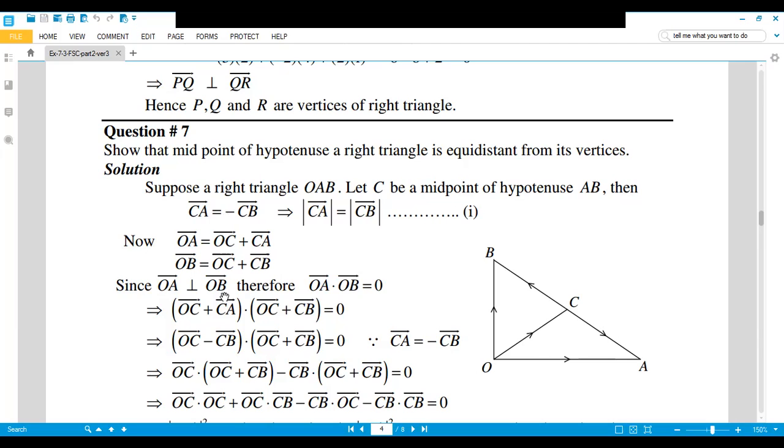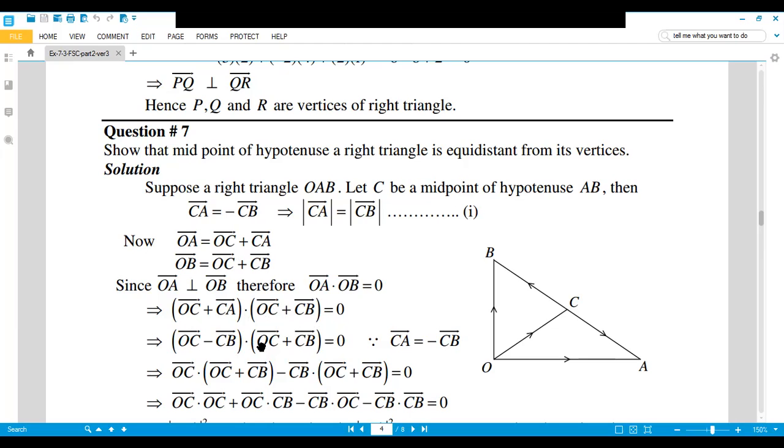So OA is perpendicular to OB, so OA dot OB is equal to 0. OA is OC plus CA and OB is OC plus CB.